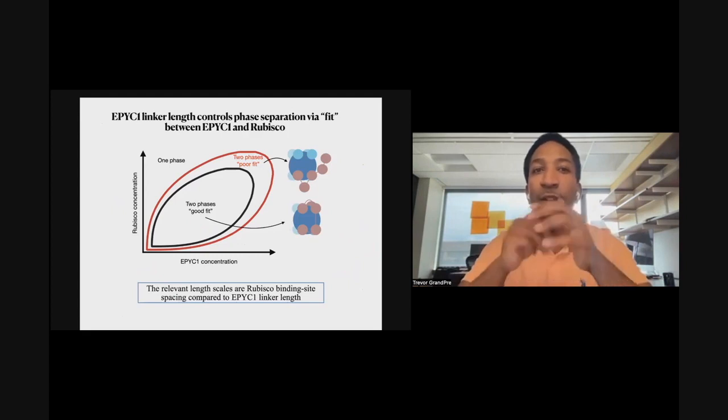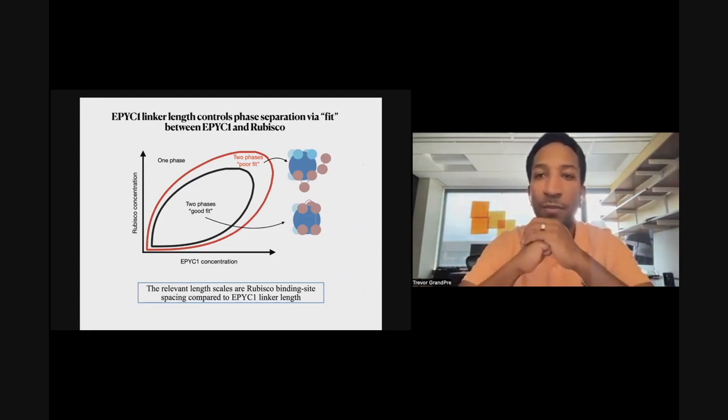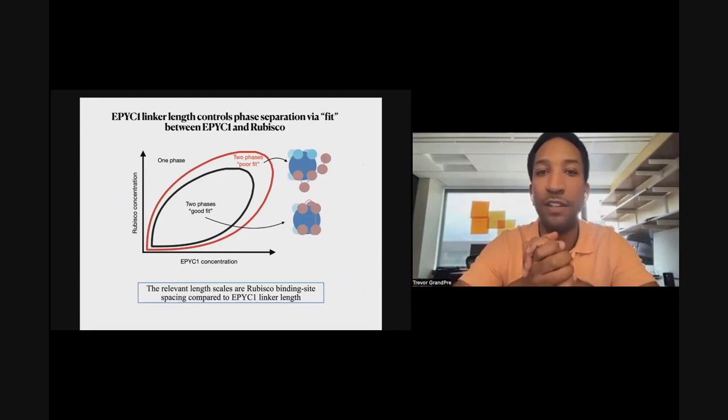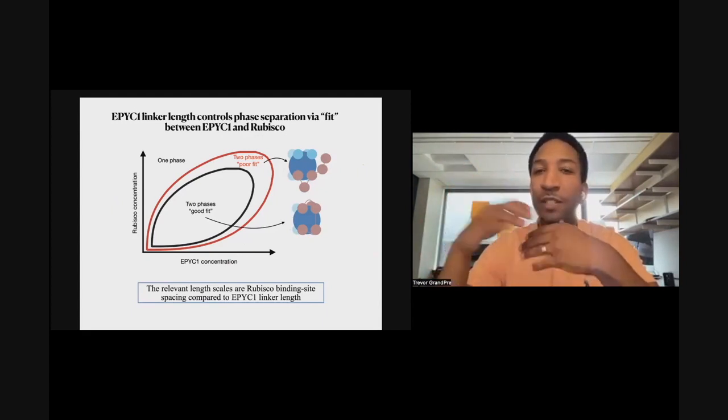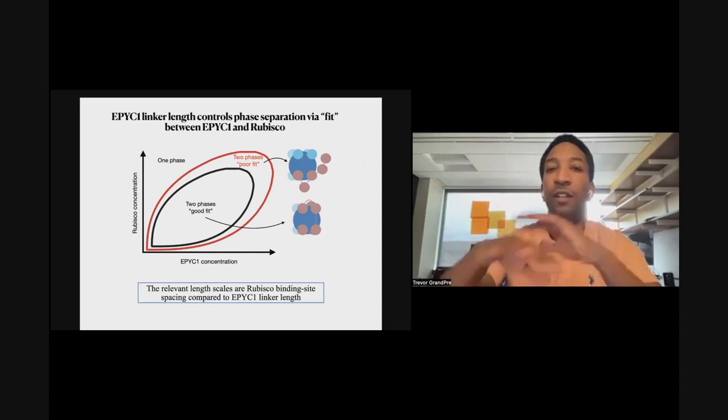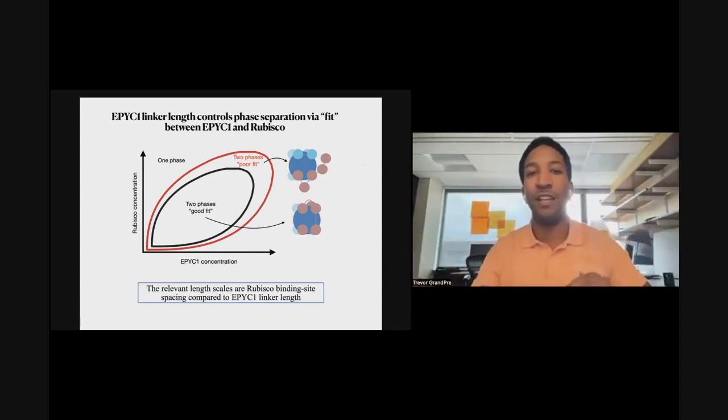So I think I'll just go to the general idea now, where what we found is that EPYC1 linker length controls phase separation via a molecular fit between EPYC1 and Rubisco. So this is sort of the diagram of it. If you have a poor fit, as shown in red, then one molecule of EPYC1 is not able to fully bond to Rubisco, and so this leads to a larger phase diagram.